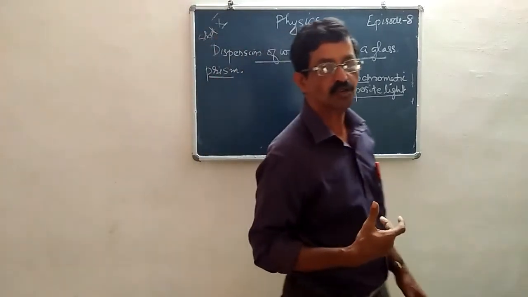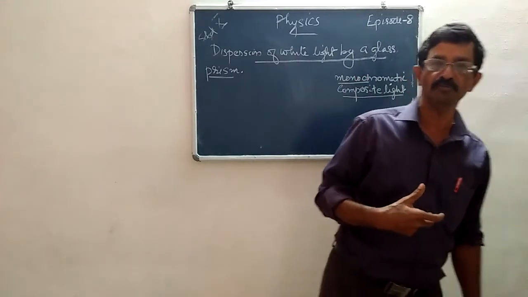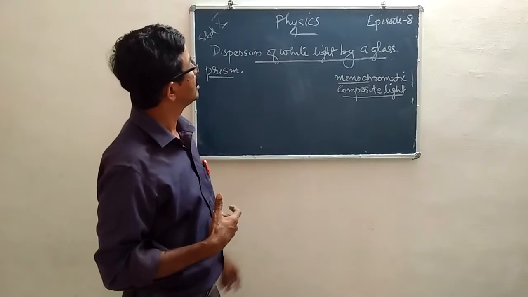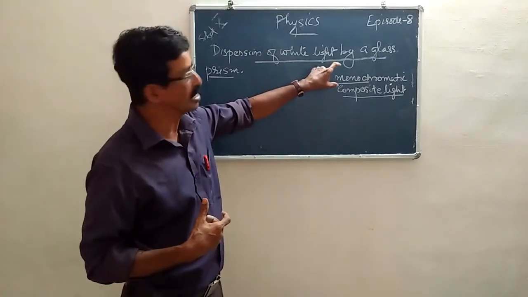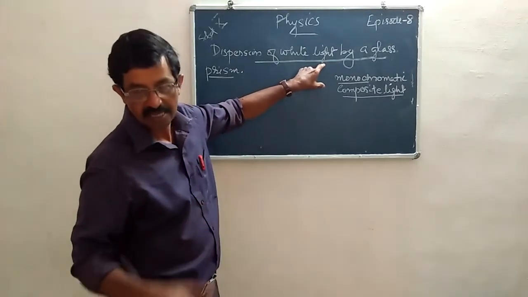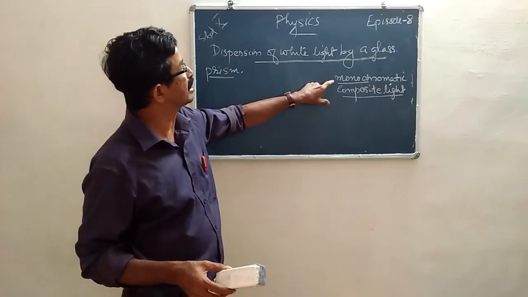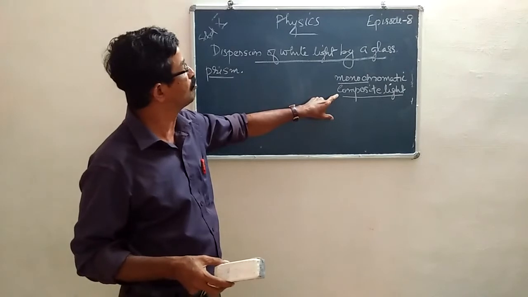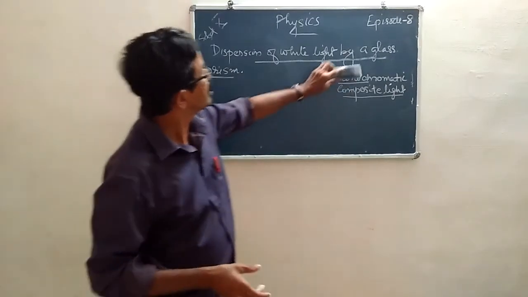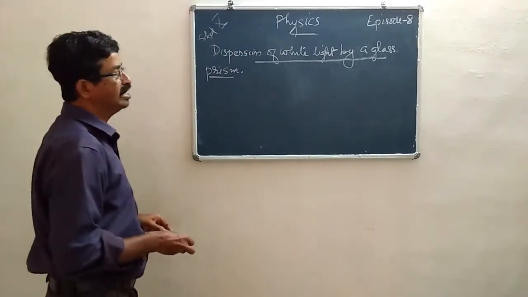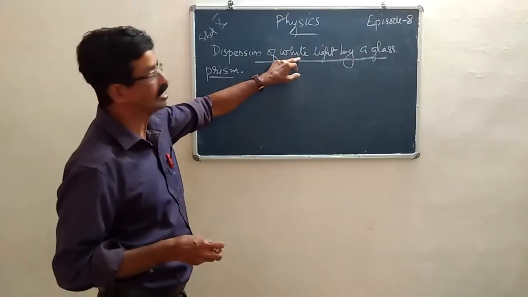A sodium vapor lamp is an example of monochromatic light because it consists of only yellow color, that means a single wavelength. So such a kind of light is monochromatic and another one is composite light. Now we know white light is a composite light.